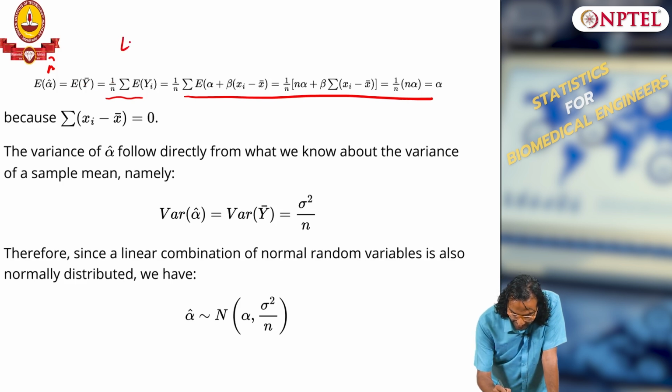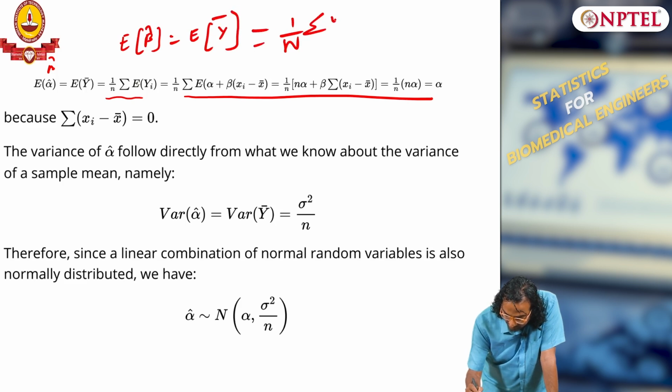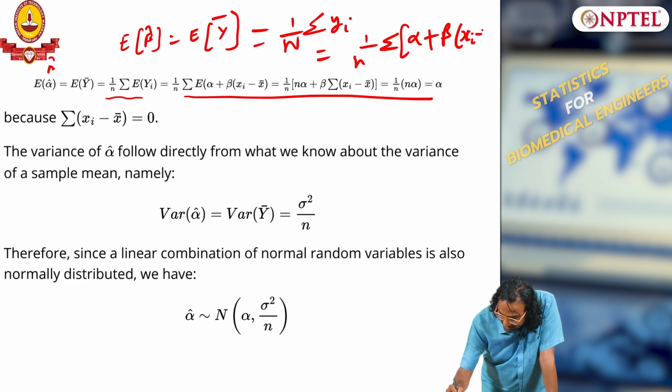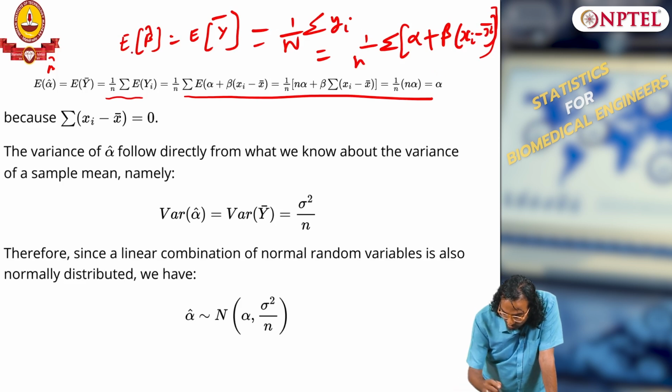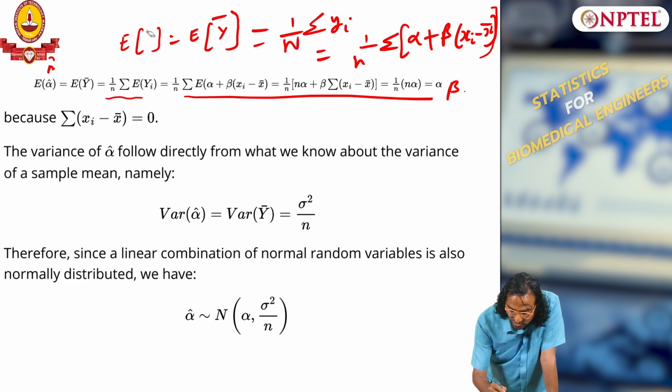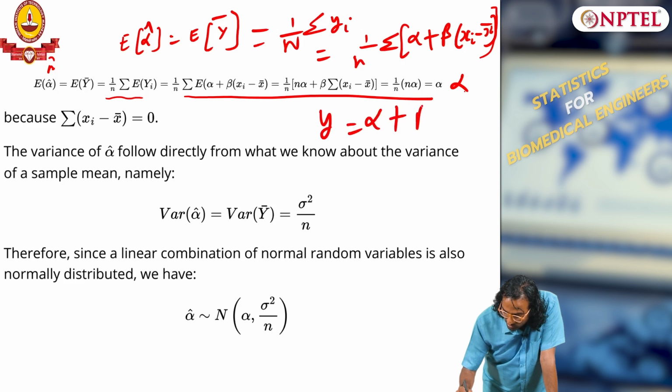So if you take the expectation of y bar, what is yi? I have the model, which is nothing but alpha plus beta times xi minus x bar. So if you start doing this, you will get the expectation of alpha hat to be alpha, where y equals alpha plus beta x plus epsilon, right.